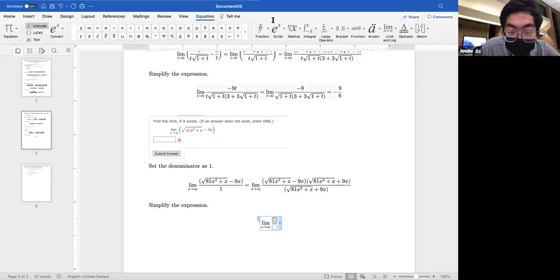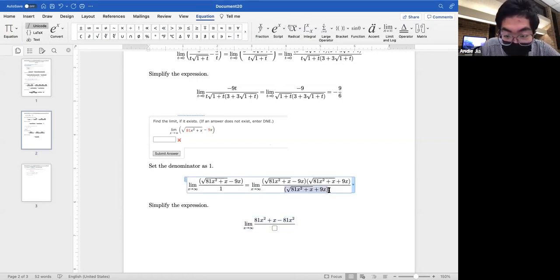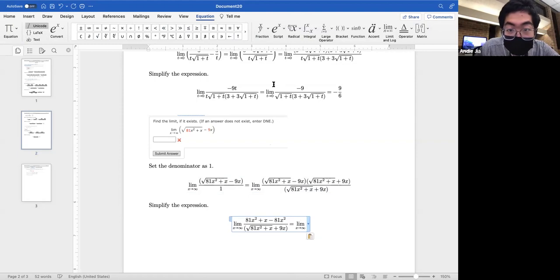In the expression we have 81x squared plus x minus 81x squared. And this, so it is just the x on the top, this mess on the bottom.